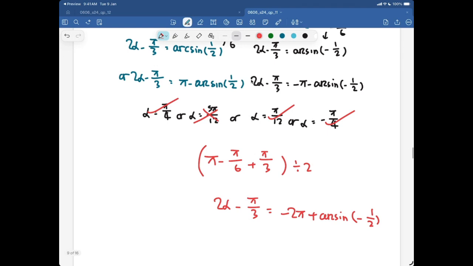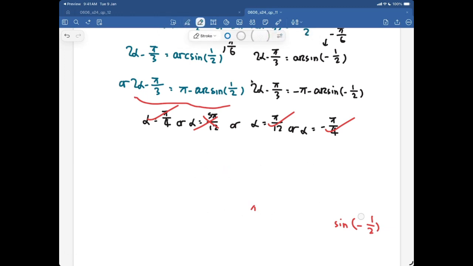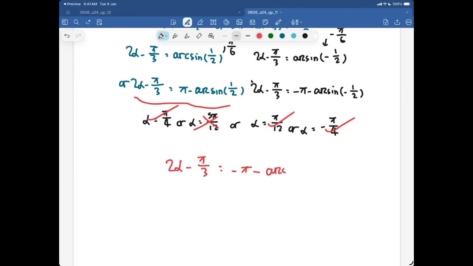I should get it from this one, actually. Oh, I could do something like 2 alpha minus pi over 3 equals negative pi minus arc sine of 1 over 2, right?